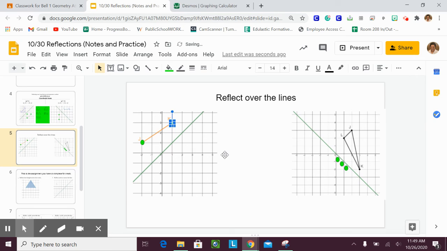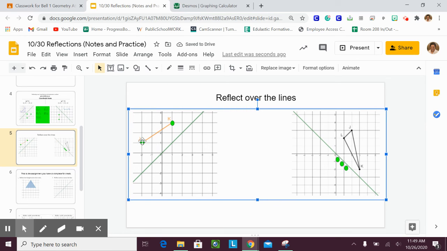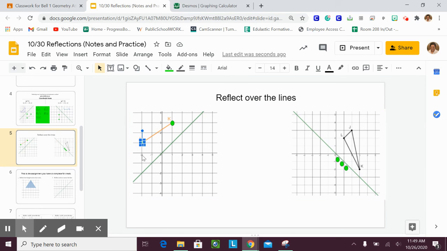Okay. So starting with the orange, I know that J is at -2, 1. So we're going to reflect it and just flip them. So instead of -2, 1, it's going to be at 1, -2. K was at 1, 3, so we're going to flip them and make them at 3, 1.